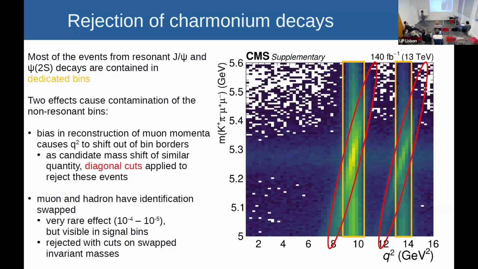On the x-axis we have the q-square, and on the y-axis we have the invariant mass of the candidate. When there is a bias in the reconstruction of one of the muons, both the q-square and the invariant mass are shifted, so we can apply a diagonal cut. We are able to reject this tail of the resonant channel that would contaminate only the lower sideband, and we lose a bit of background events in our sideband, but this is acceptable in order to reduce this background.